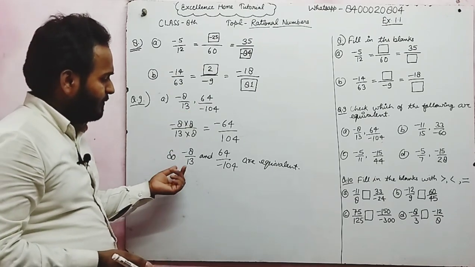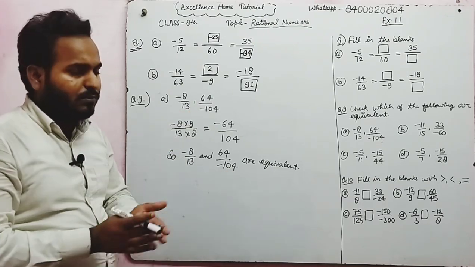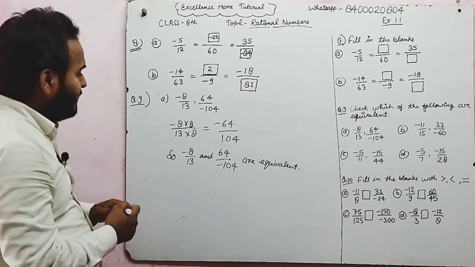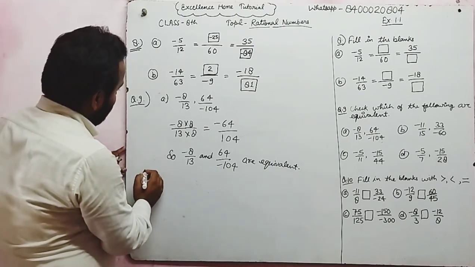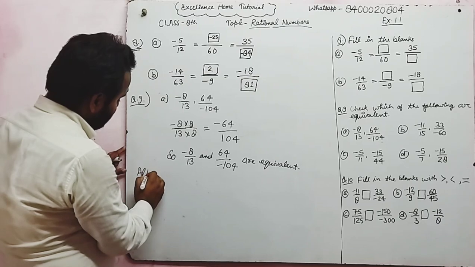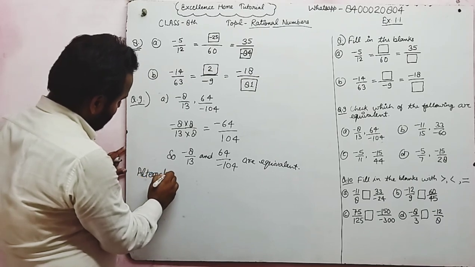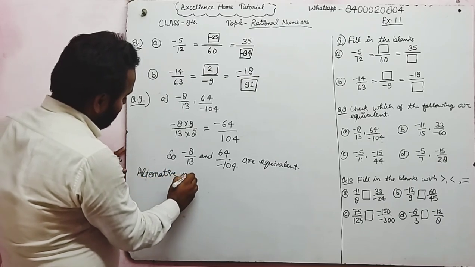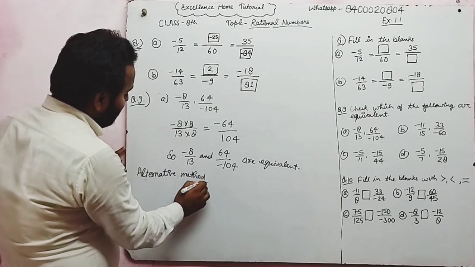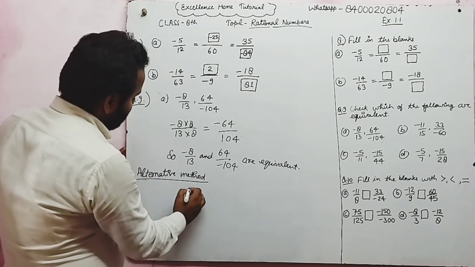We have to find the equivalent rational number. The next, alternative method is by cancelling out the numbers.